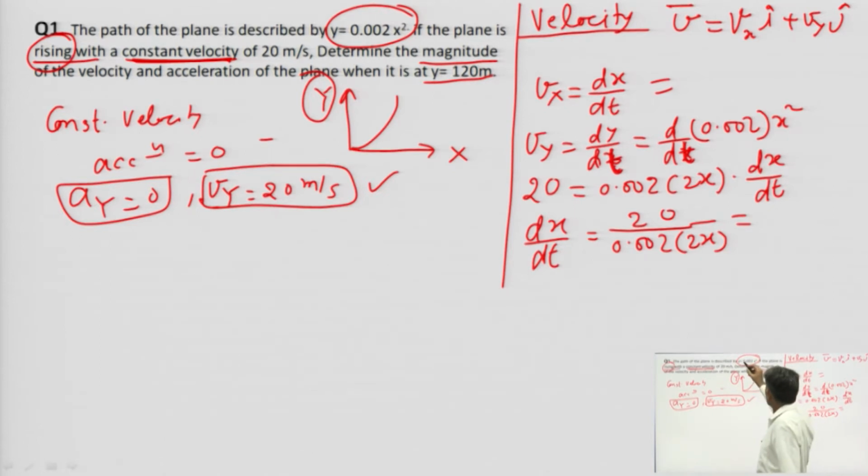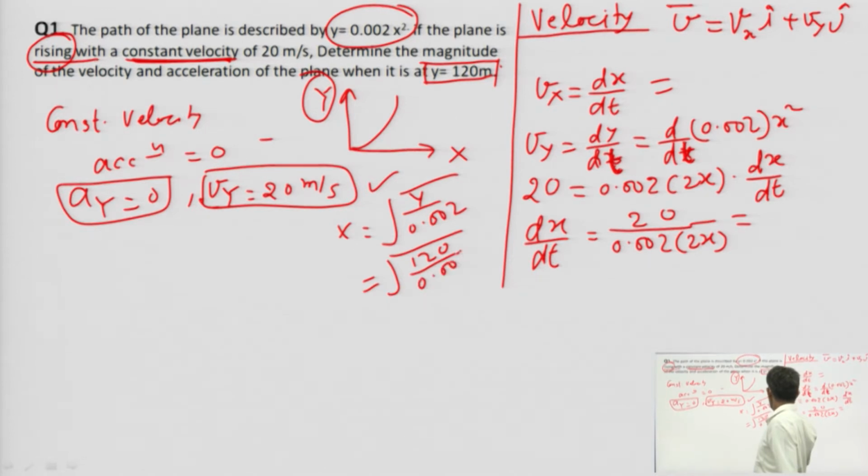Since we have the relation between y and x, if y is equal to 120 is given, then x is the square root of y upon 0.002, that is the square root of 120 divided by 0.002.